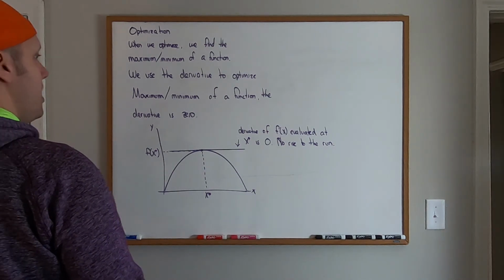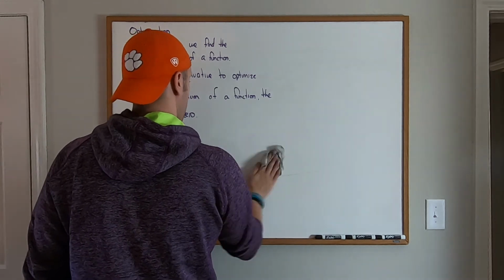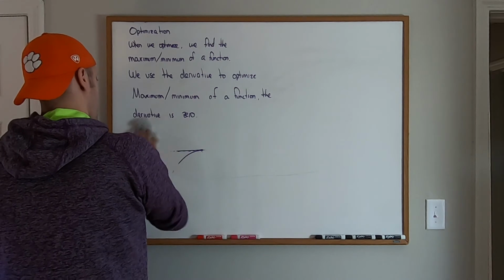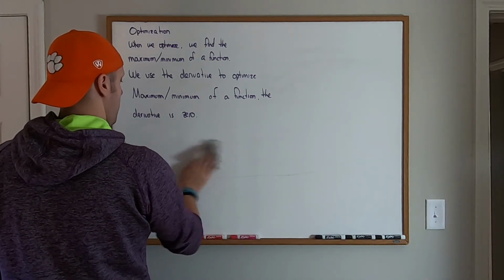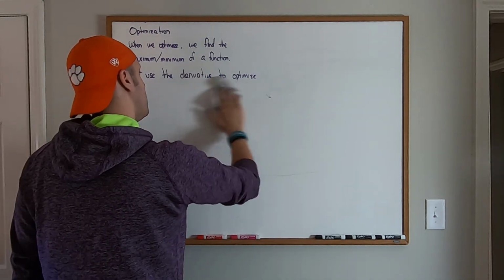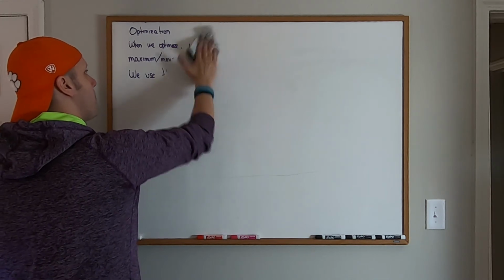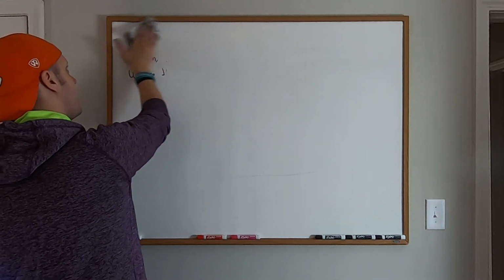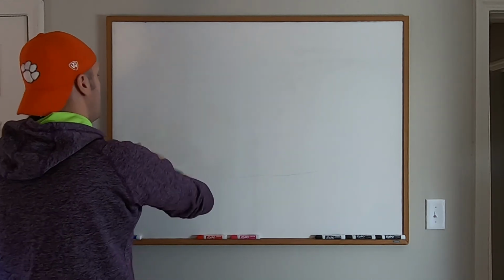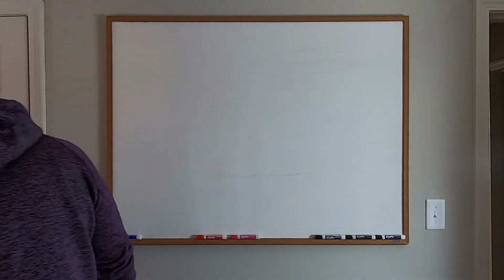So rather than evaluating a function at some point, if we evaluate the derivative of the function at some point x, we're saying, okay, I know what this point is, but I want to know what its rate of change is at that point. In this case, when we're optimizing, we know what the rate of change is. The rate of change is going to be 0, but what we don't know is at what point that rate of change is 0.